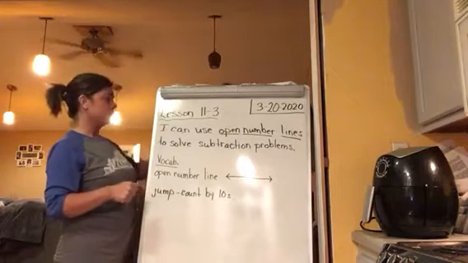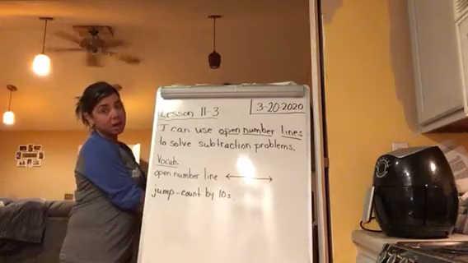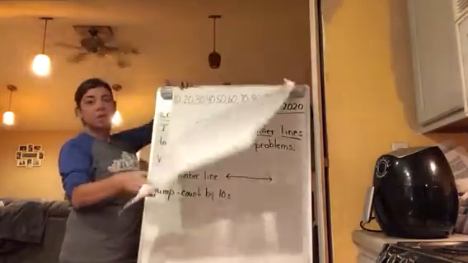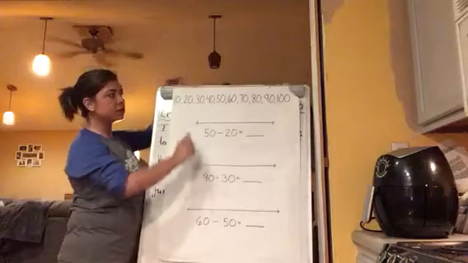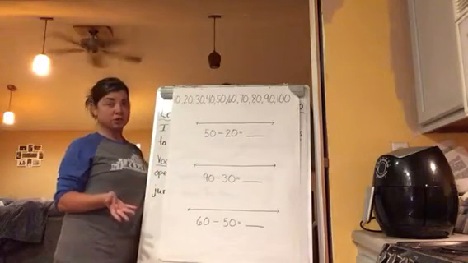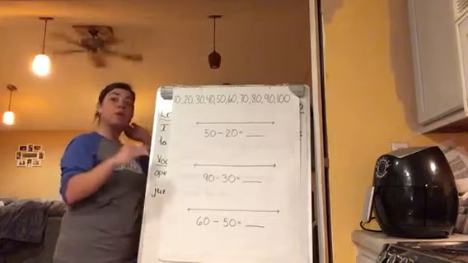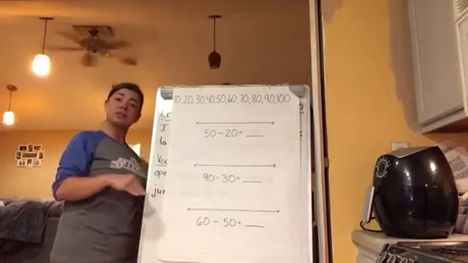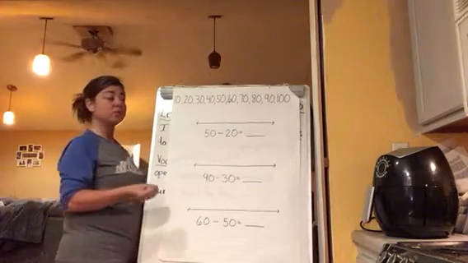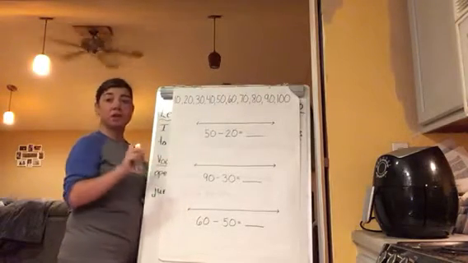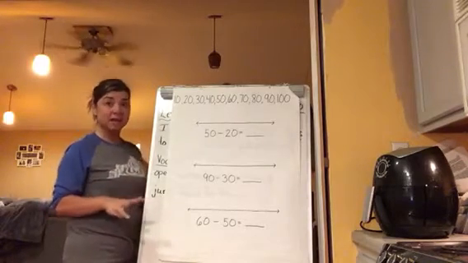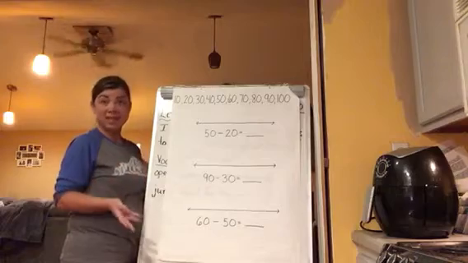Now, let's take a look at some equations that we can solve using an open number line. If you notice, an open number line is open. That means it doesn't tell you where to start. It doesn't tell you how many times to hop, how many times to jump, and it doesn't even show where you stop. You have to use the equation to figure out where to start, what direction you're going, and how many times you're going to have to jump or hop to get there.